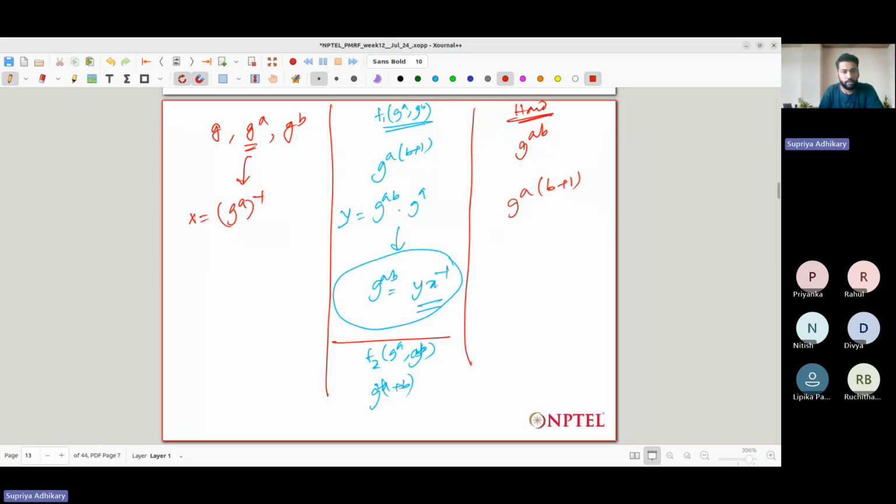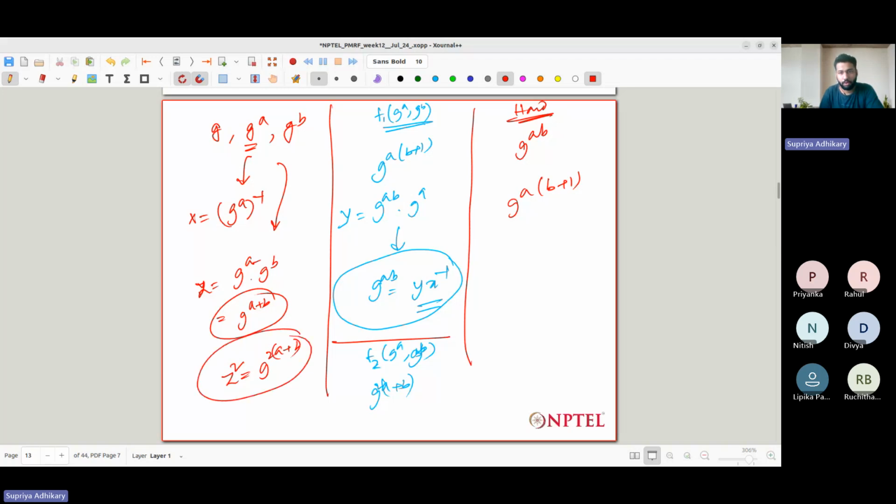If we have g to the a and g to the b, then we can just multiply those two together, and we get, let's say, z equals g to the a plus b. Computing this g to the a plus b is very easy, and then we just have to square it, and z square would be our g to the 2a plus b. So computing g to the a plus b and g to the 2a plus b, these are both easy.